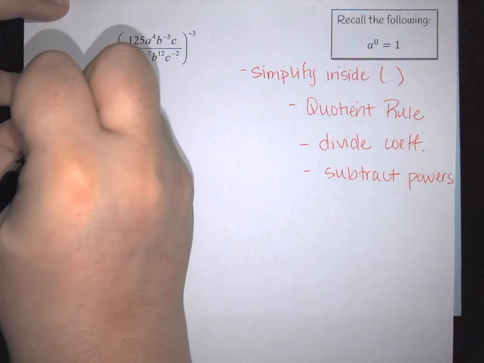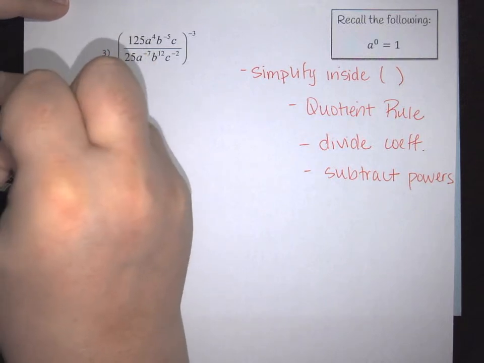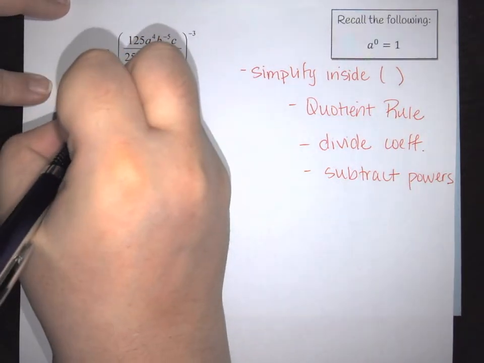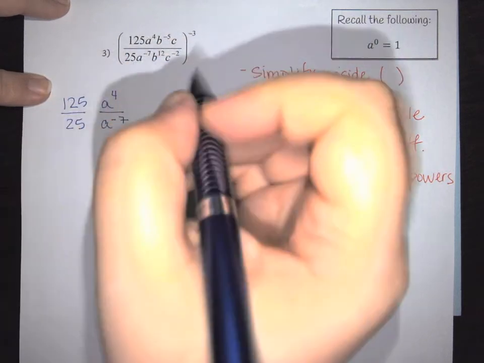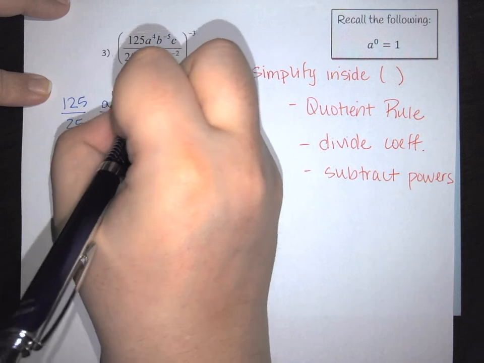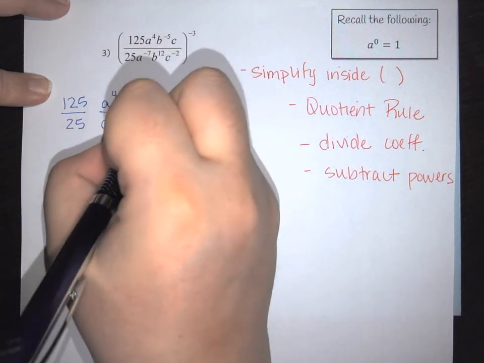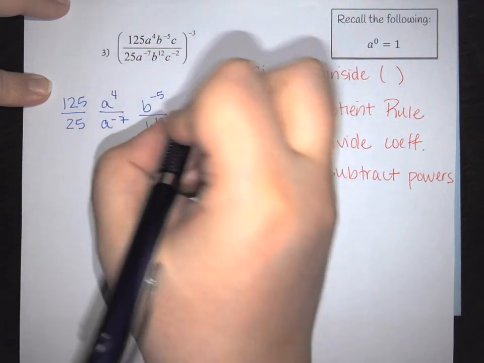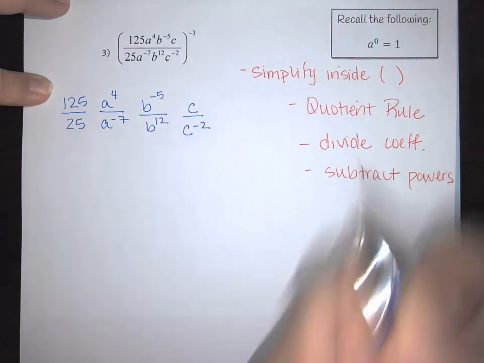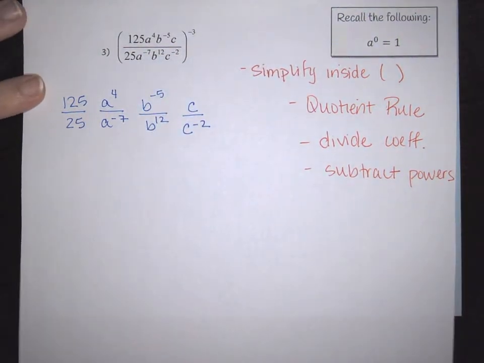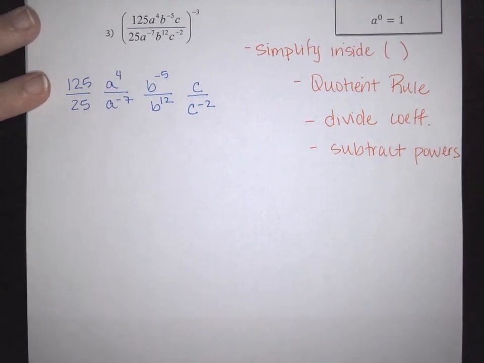So I have 125 over 25. I have a to the 4th over a to the negative 7. I have b to the negative 5 over b to the 12. And I have c over c to the negative 2. So just like the other one, I'm going to look at each of these as individuals.